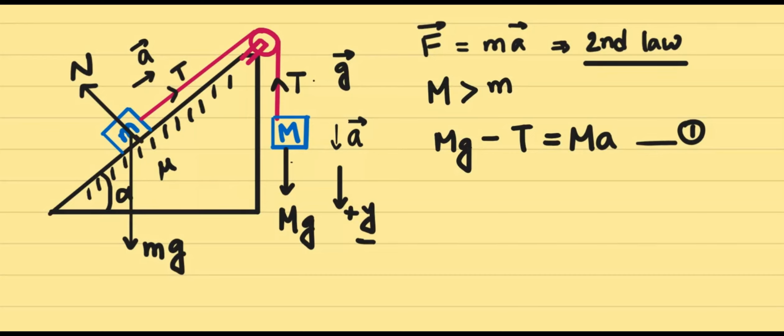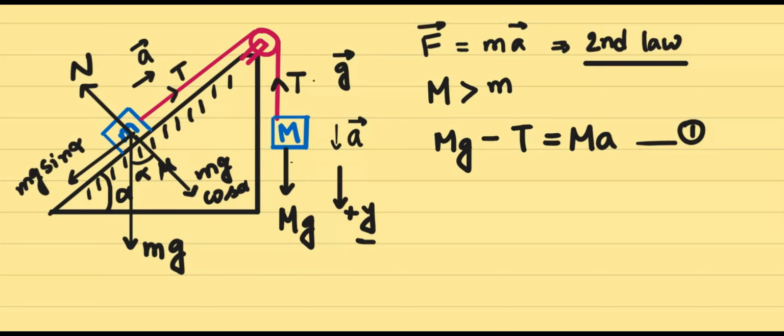One is against N, and that should balance the normal force, so this angle is going to be alpha as well. So this is mg times cosine of alpha, and this is going to be mg sine of alpha.